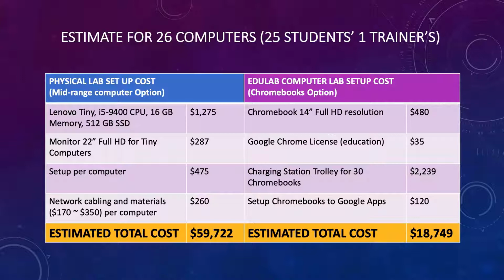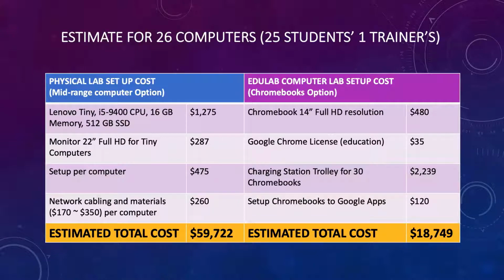Whereas in EduLab, as I said, you need very basic computers. So here I'll be using Chromebooks as an example. And to have 26 computers is estimated at roughly $18,749. And these two figures in yellow, I'll be using again and again.